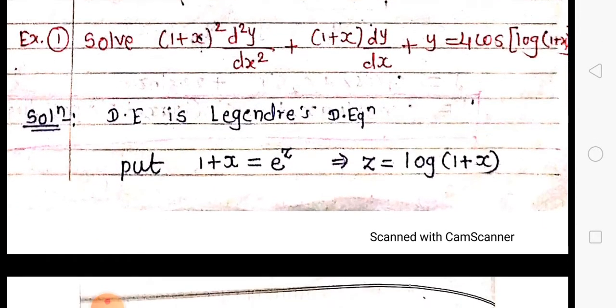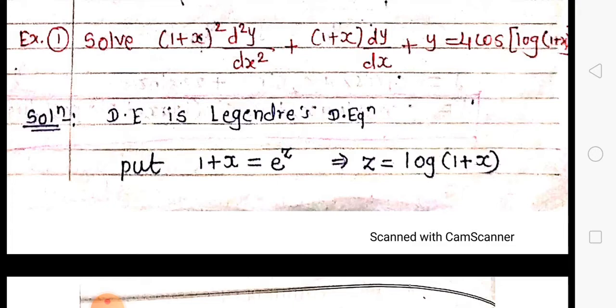We see some examples of how to reduce the equation into a linear differential equation with constant coefficients, and how to find the solution for Legendre's equation.